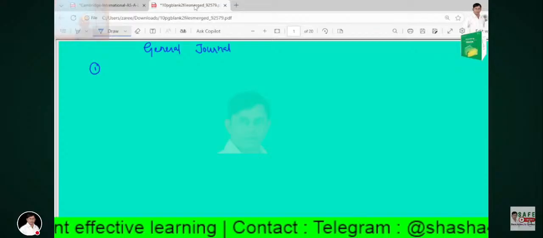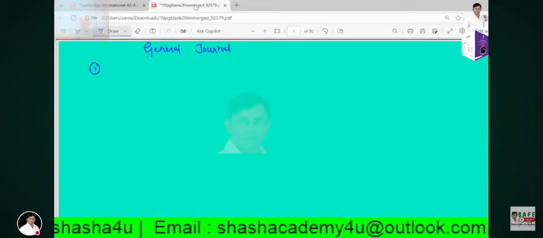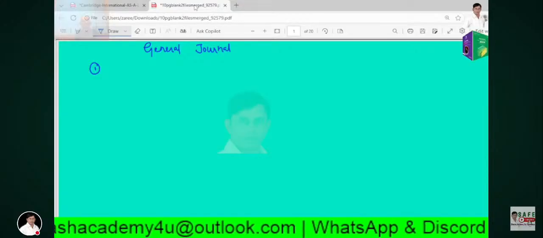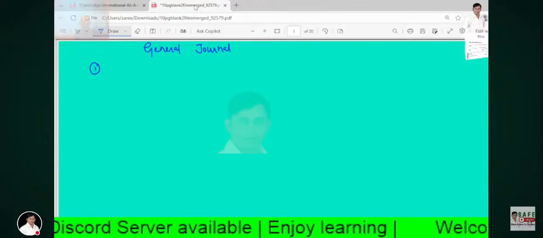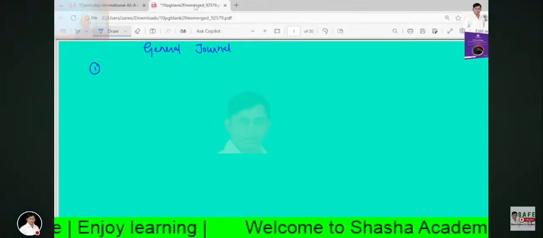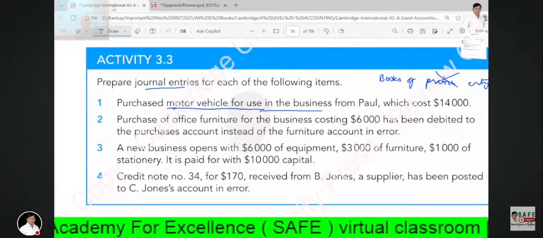So what are the various journals? Purchase journal, sales journal, purchase return journal, sales return journal. Those are all different journals. Whatever doesn't come there will come in the general journal. So what is the entry here? Motor vehicle account debit to Paul account.